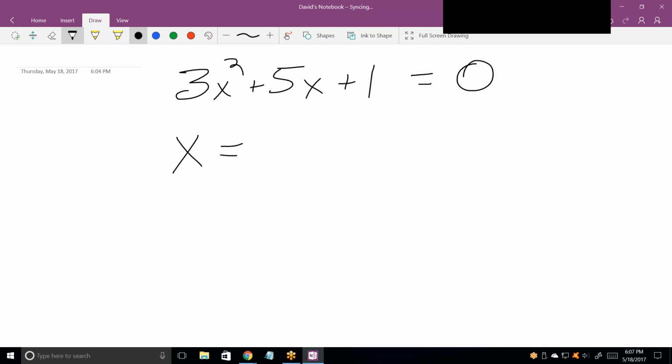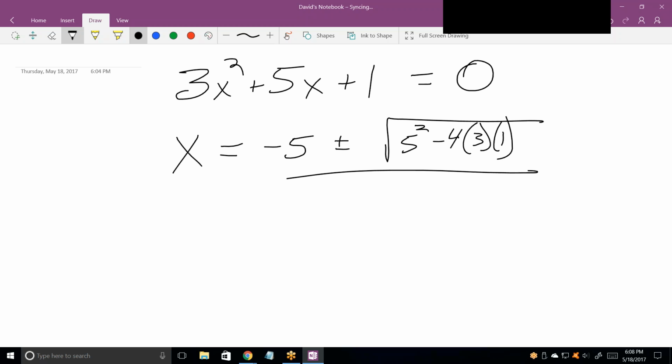The quadratic, or the quadratic? Well, the quadratic filled in. X is equal to what? Negative 5 plus or minus the square root of 5 squared minus 4 times 3 times 1 all over 2 times 3. Good. I would have asked you the general formula, but I knew you knew it. So normally I always ask everybody start with the general formula.